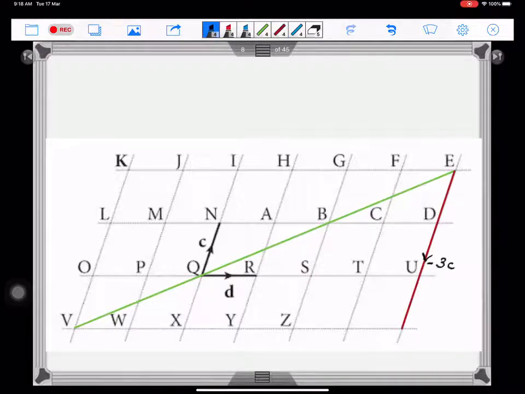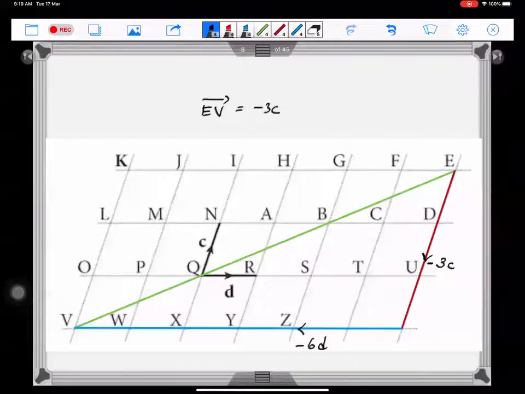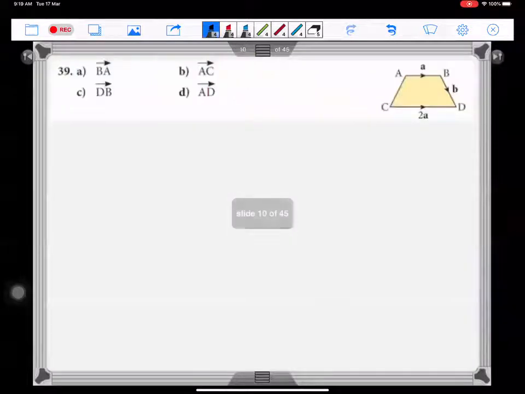So this is negative 3C. And then this is D, D, D, 3 Ds, 4, 5, 6. So that is minus 6D. Therefore, EV is minus 3C minus 6D.